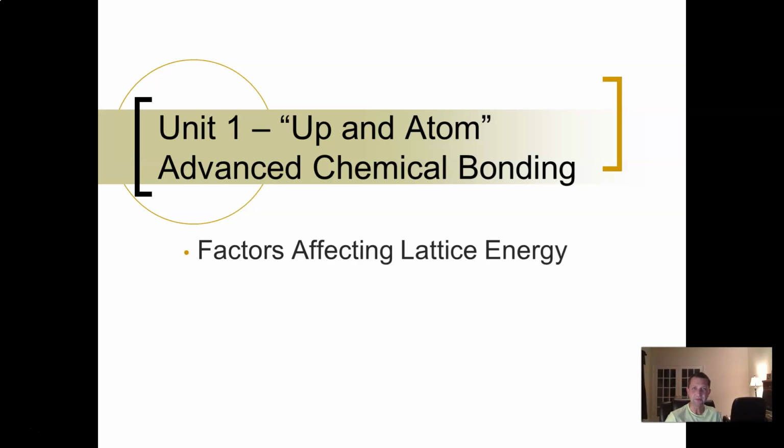It's pretty simple, but it could be a little confusing because students get it mixed up with Coulomb's law and some other things we've learned about. So it's really important to make sure you know what you're focusing on. If you're focusing on lattice energy, really know what that means. Lattice energy is the amount of energy involved when you have ions coming together or you're breaking them apart.